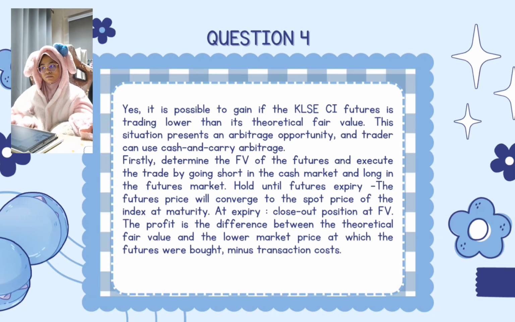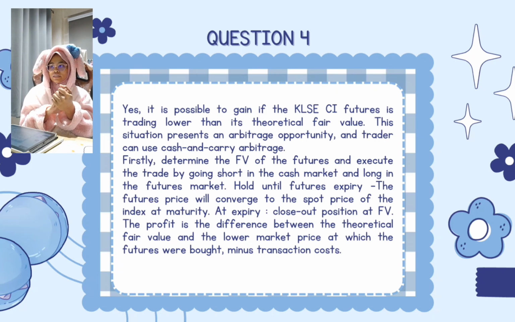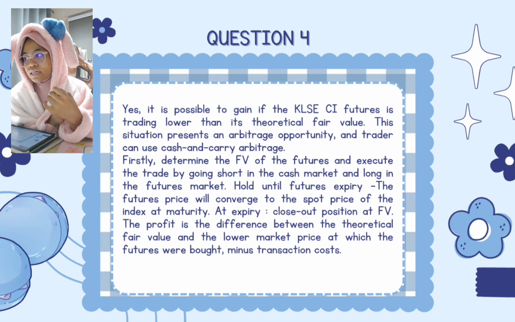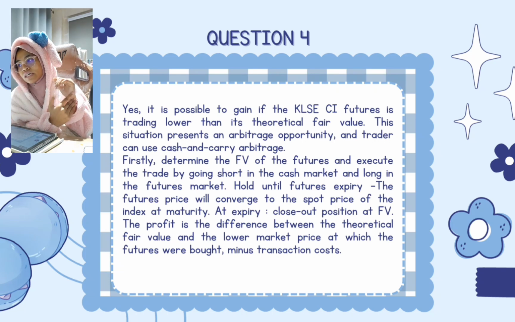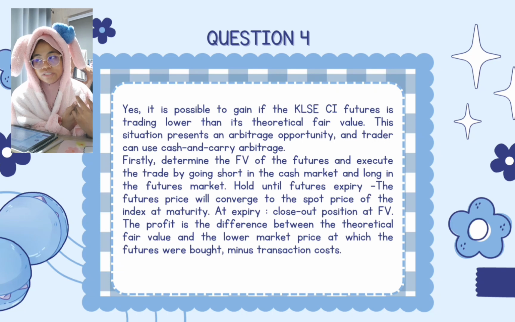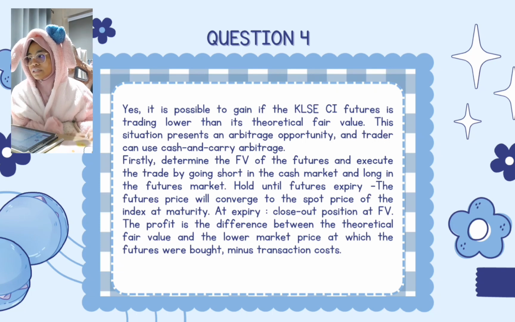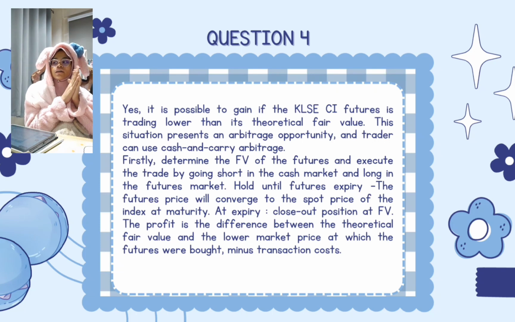Why does this work? The market corrects itself as traders execute this strategy, causing the futures price to rise and converge with the fair value. The trader locks in a risk-free profit by leveraging the price discrepancy. This strategy is an effective way to exploit the mispricing of futures relative to the cost of carrying the underlying index.